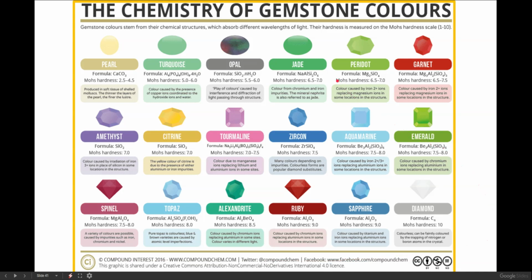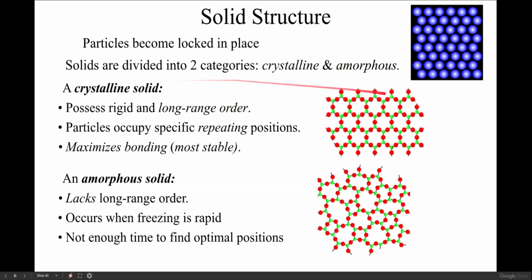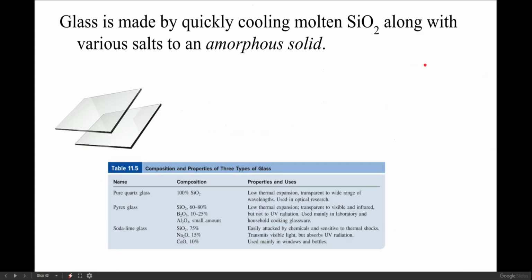What they all have in common is that they're translucent, so light can pass through them because they have this highly ordered pattern. They could be made from silicon and oxygen, sodium aluminum silicates, carbon, or aluminum oxides. The different elements give them different properties, but they all have a crystalline structure.